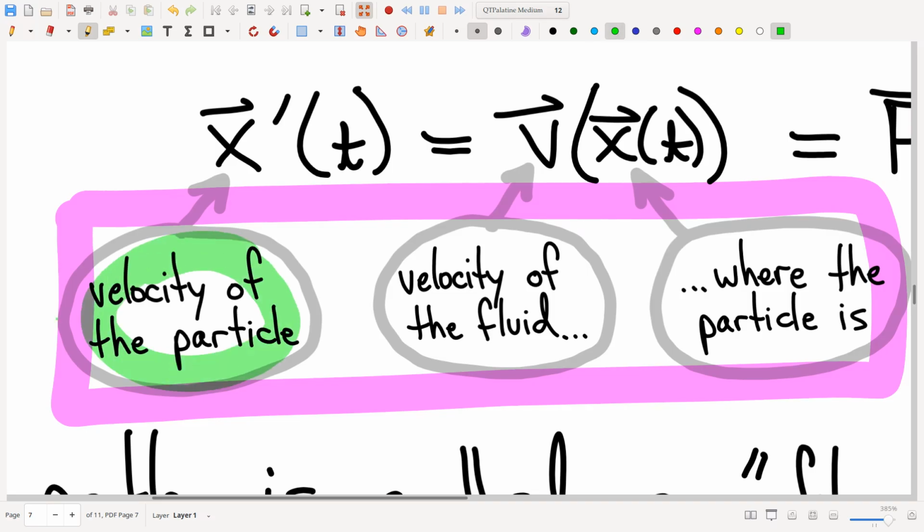We've got this floaty, and what's the velocity of the pool floaty? Well, it's whatever the velocity of the fluid is. Again, the floaty does not have a mind of its own or any sort of ability to move itself. So the velocity of the particle has to be the velocity of the fluid. That's most of it right there. Is everybody on board with that?